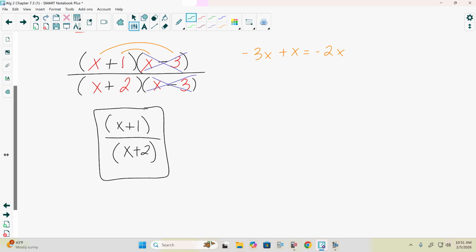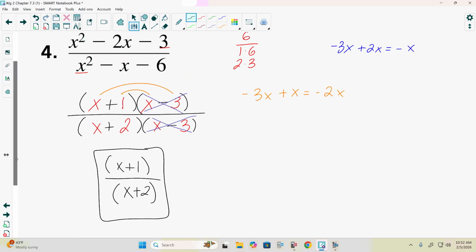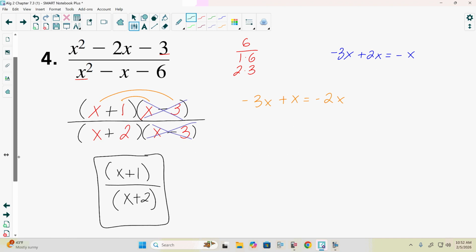And since they are being added together, the x and 1, the x and 2, they're stuck together. This is as far as it goes. We can't do anything else to it. Which is also telling us that x squared minus 2x minus 3 all over x squared minus x minus 6 is equivalent to x plus 1 over x plus 2.